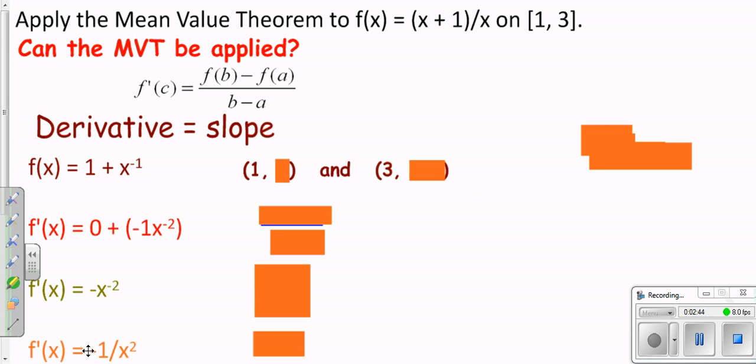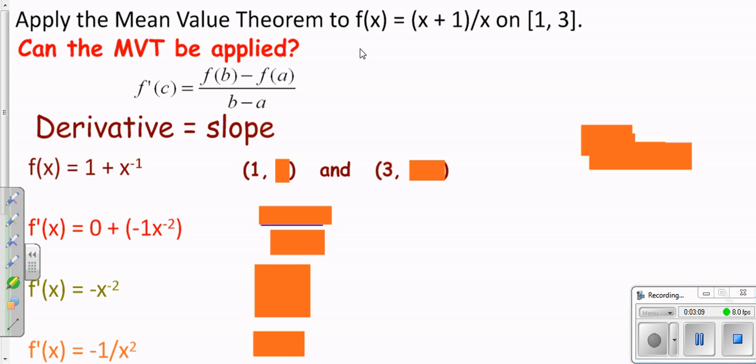This is our derivative. Would our derivative exist between here and here? Well, we have variables in the bottom, so that means we have problems whenever the bottom is 0, which in this case would be x being 0. But that's not an issue for us because 0 is not in our interval. So our derivative exists between 1 and 3. So it is differentiable.